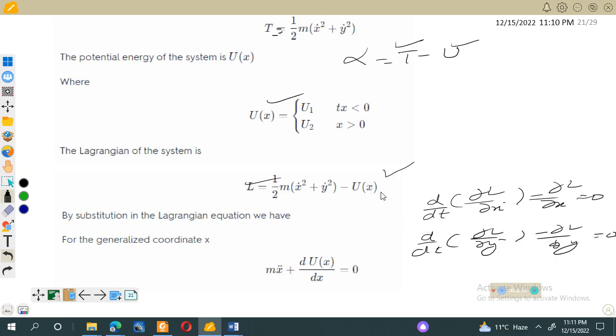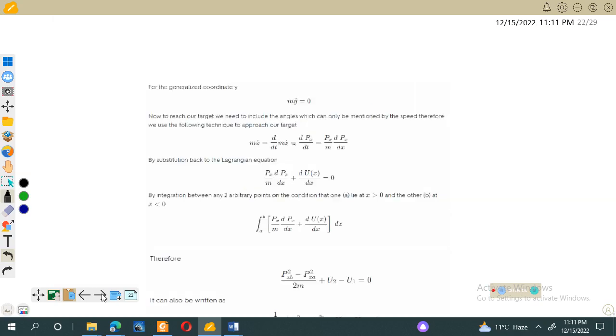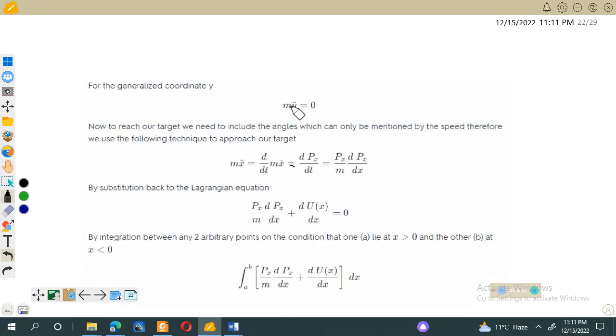If we put this Lagrangian into these equations, for y it gives another equation of motion, m y double dot is equal to 0. So we have two equations of motion, one for x and one for y.